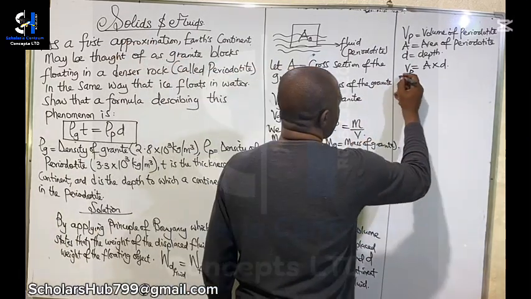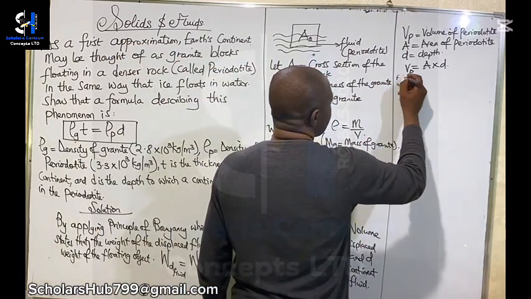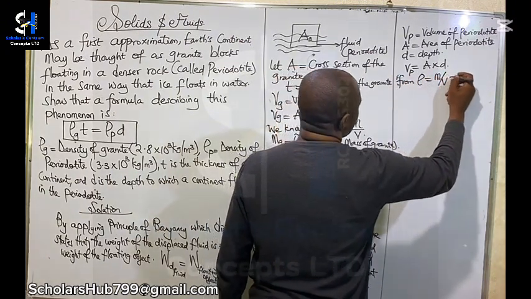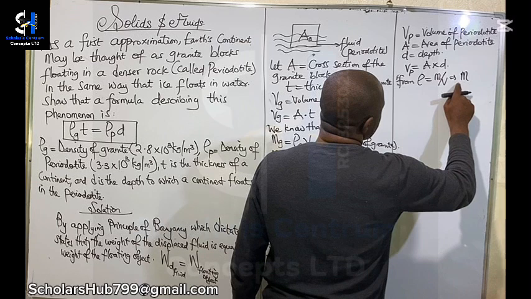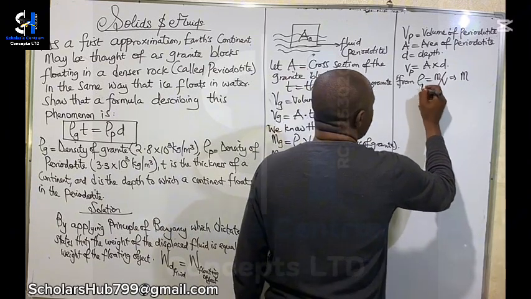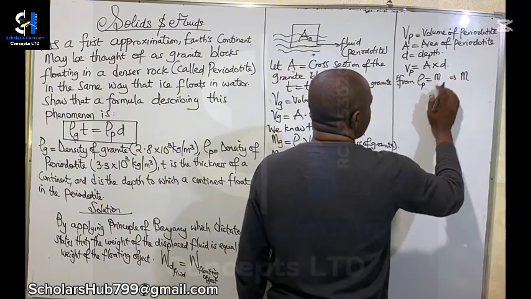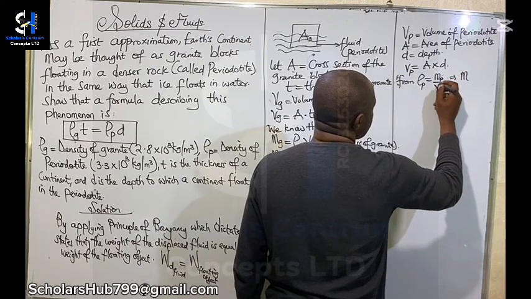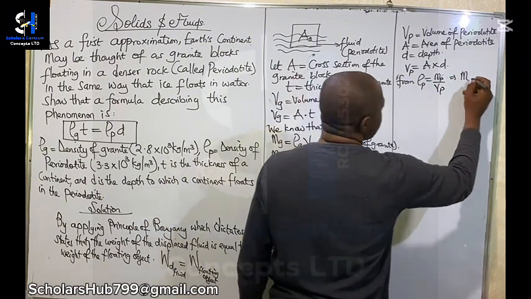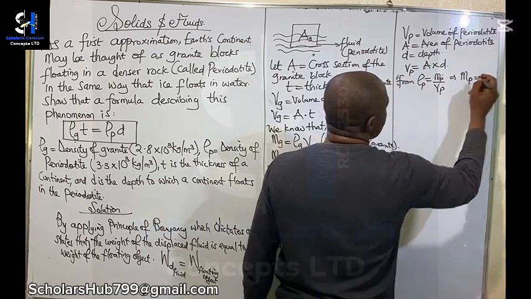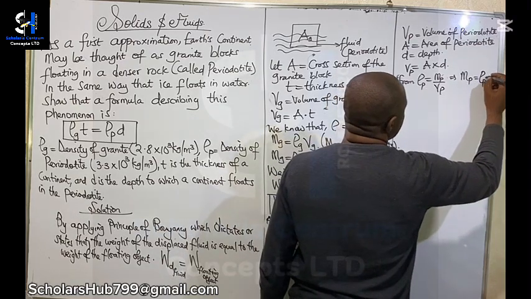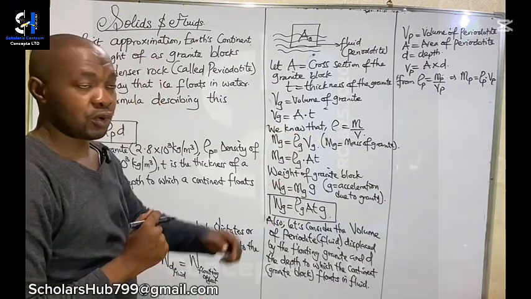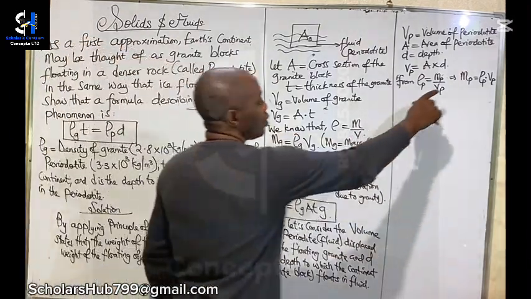Now we also know that density equals mass over volume. So density of peridotite equals mass of peridotite over the volume of peridotite. So the mass of peridotite will be density of peridotite multiplied by the volume of peridotite.